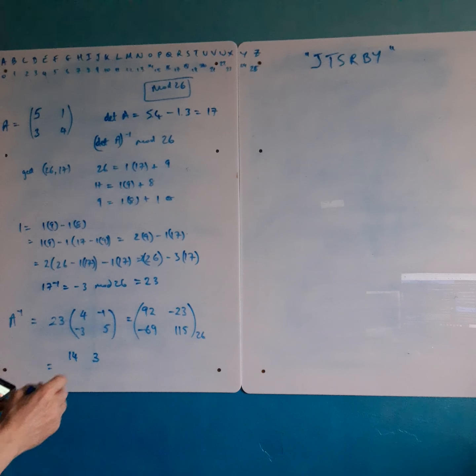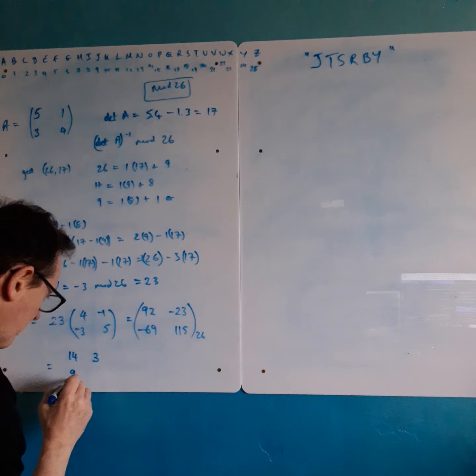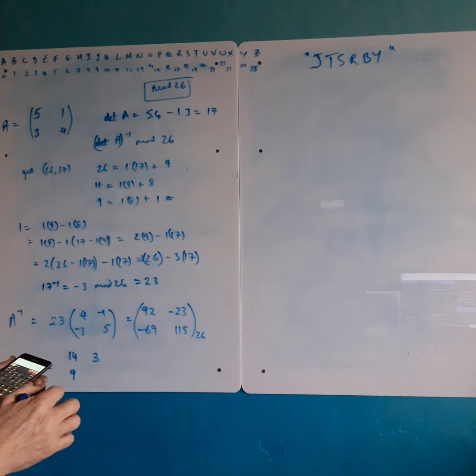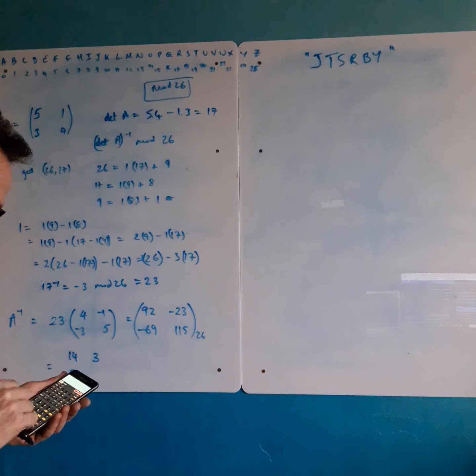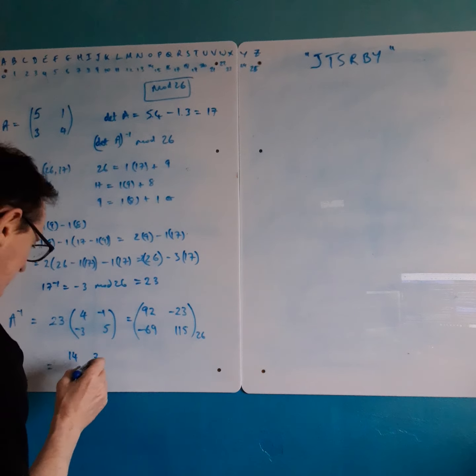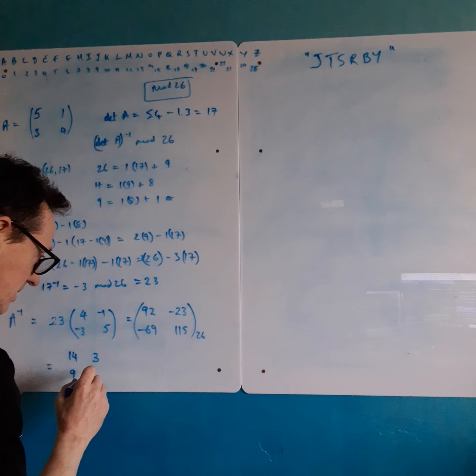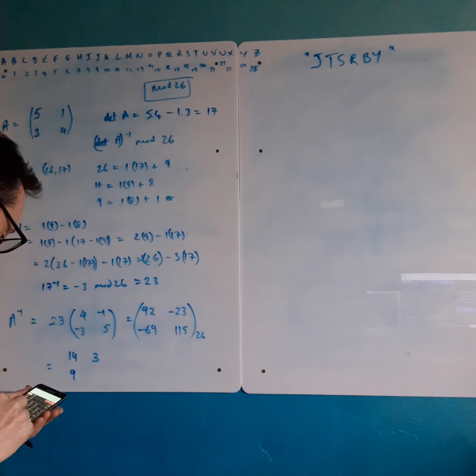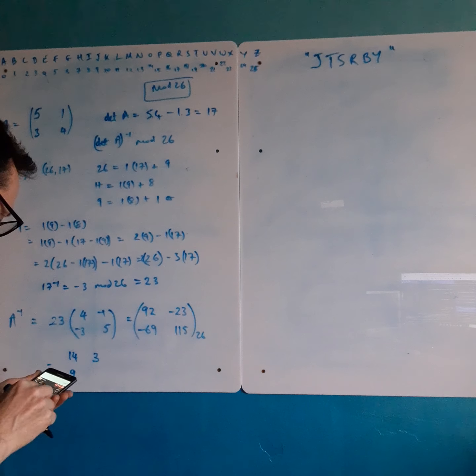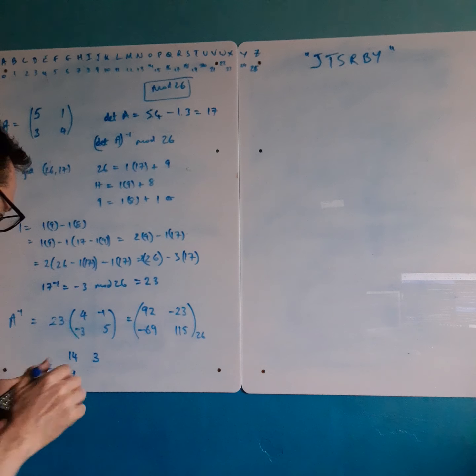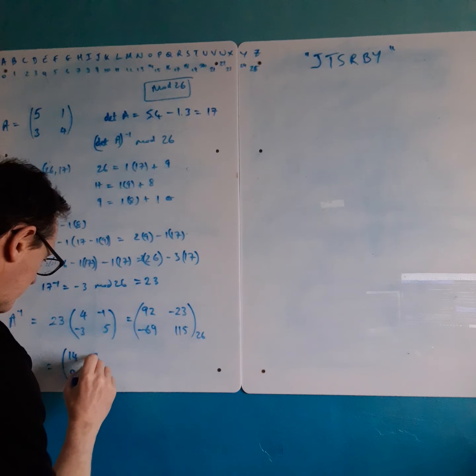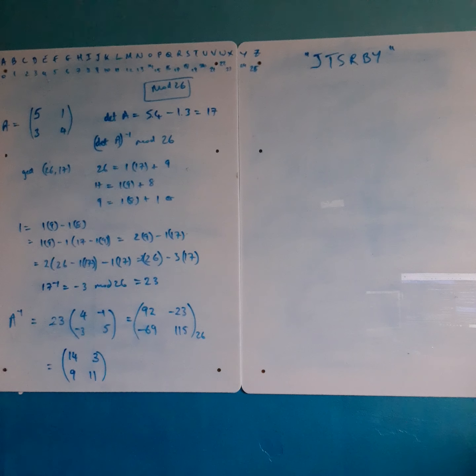Minus 69, I want to be positive, so I'll add on 78. 78 is a multiple of 26, by the way, that's where I'm getting that from. And 115, I think 26 goes into 104, so I'll just take that away. 115 minus 104 gives me 11, sorry. I'll do this in my head and make mistakes. So that's our A inverse, so there will be a heap of marks for getting that bit right.